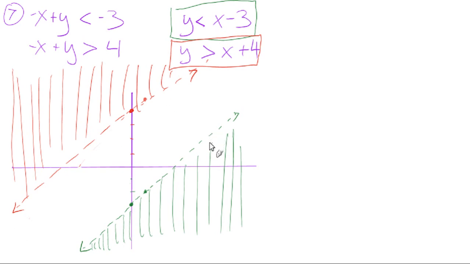That's the definition of parallel. And so we have no solutions. These lines are parallel, they're shaded in opposite directions, so there's no way that their shaded regions are going to overlap. So this would be no solution.